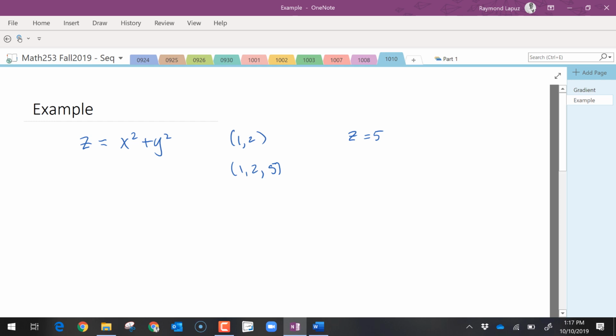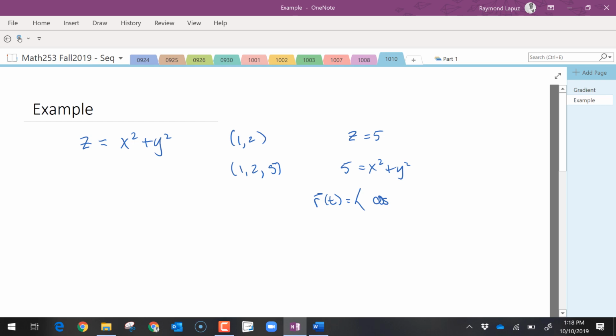Z is equal to the function, right? f of x, y is equal to k. So that's my x squared plus y squared is equal to 5. So this is a circle, a radius square root of 5, right? So now I want to parameterize this. And we can parametrize circles, right? Circles is sine and cosine, or cosine and sine.